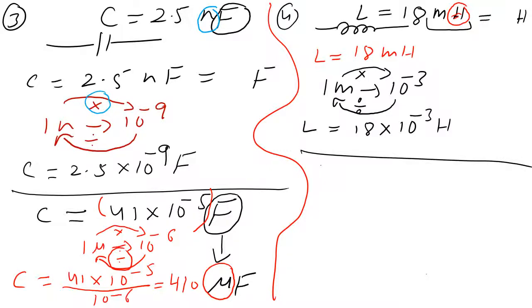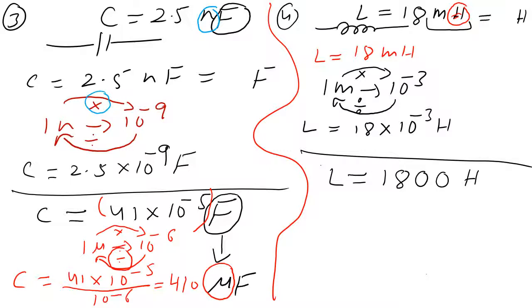Now sometimes it may be reverse. If we say the value of the L is 1800 Henry, how much should it be in microhenry?